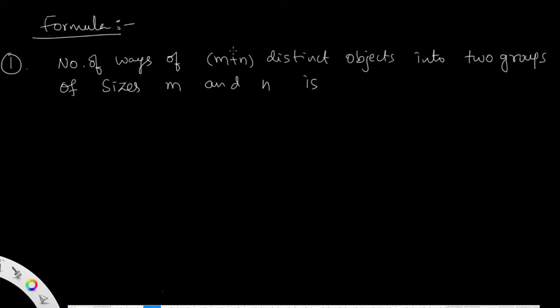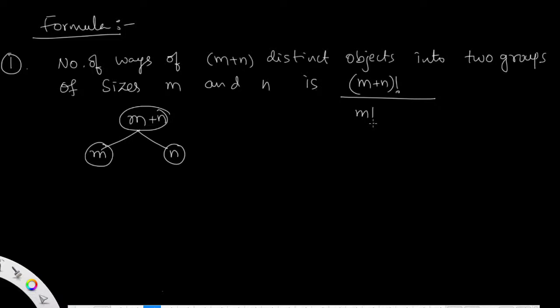Total things are m plus n. Then the group sizes are different. m is the size of one group and the other group size is n. So this can be divided into two groups, an m group and an n group. Directly we can write the total in the numerator, that is (m plus n) factorial, by m factorial into n factorial.